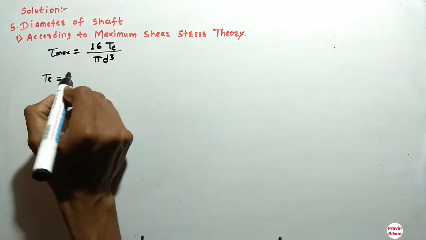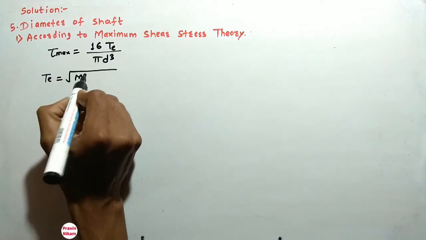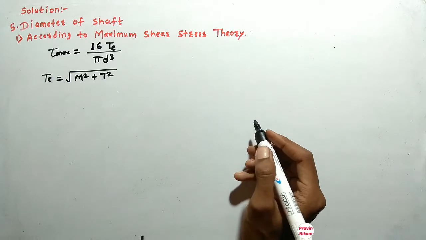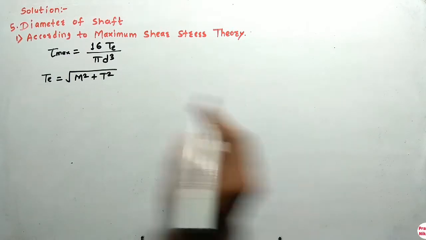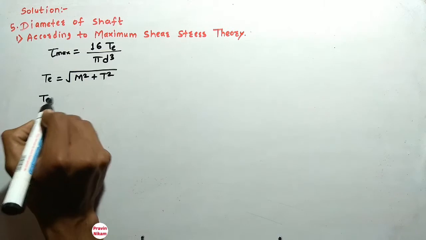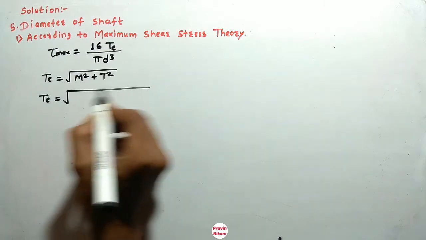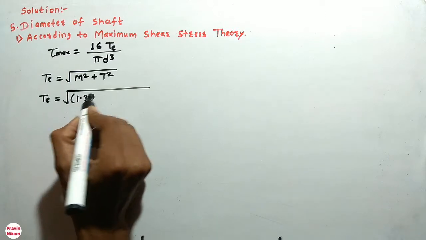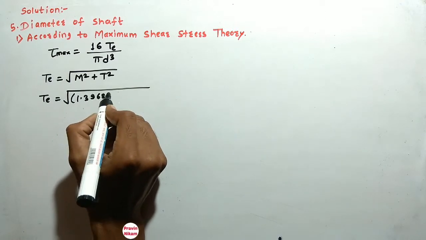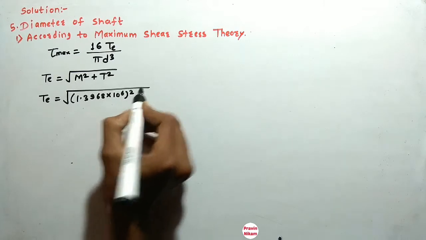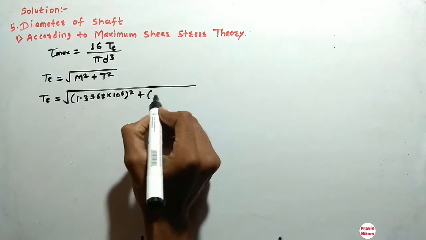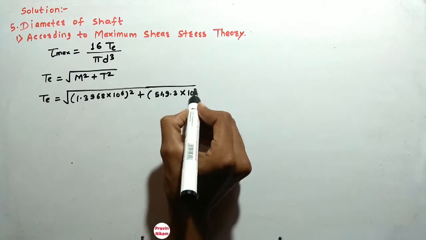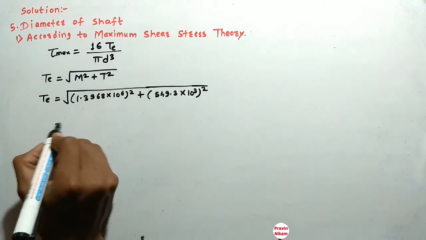So T_e is equal to root of M square plus T square. Hope you are remembering those values of M and T. So T_e is equal to root of (1.3965 into 10 raised to 6) square plus (549.3 into 10 raised to 3) square.